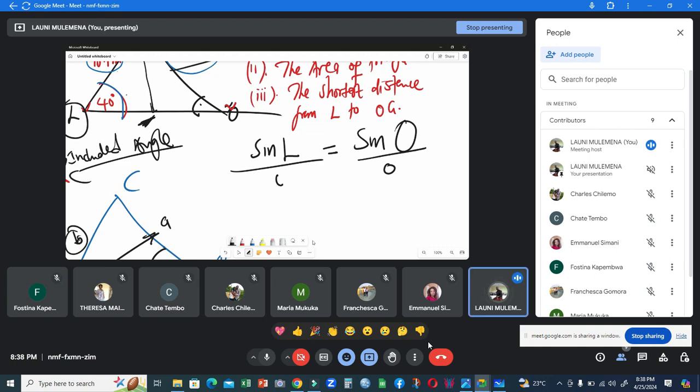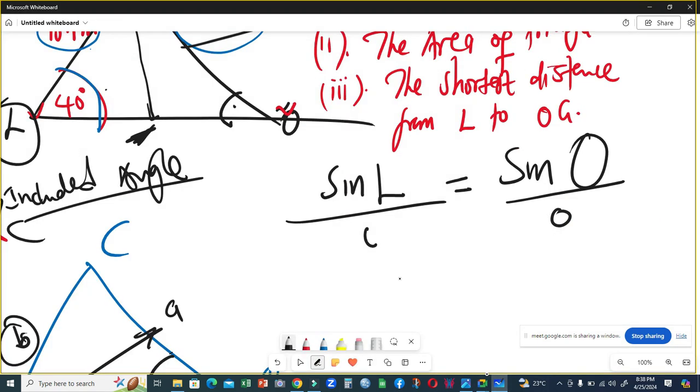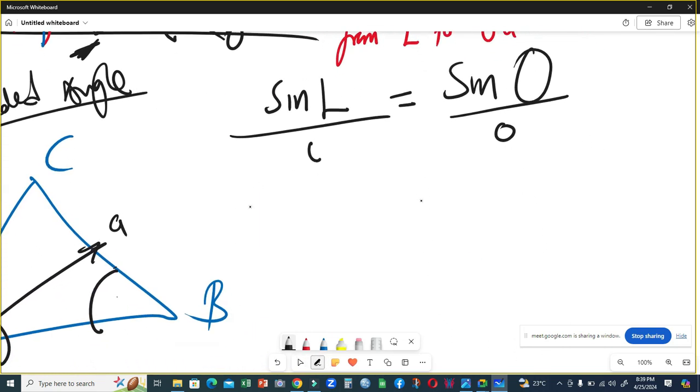In terms of the actual questions, in books, Madam Faustina, you will find where there is L and O, maybe there is A and B. But in another book, again, there are different letters. So as I said, you need to use the letters that you have been given. You can either write the sine on top or at the bottom.